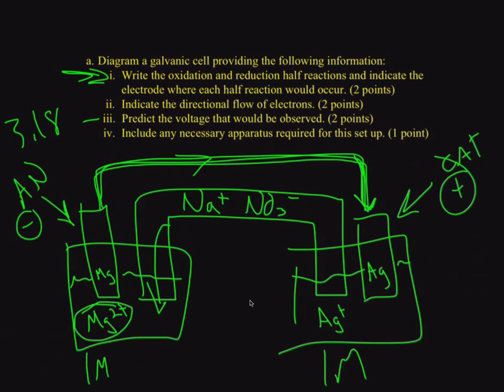And in the other end, as silver ions leave the solution, these sodium ions are going to flow into that side to maintain the charges over there. So that is basically the entire apparatus.